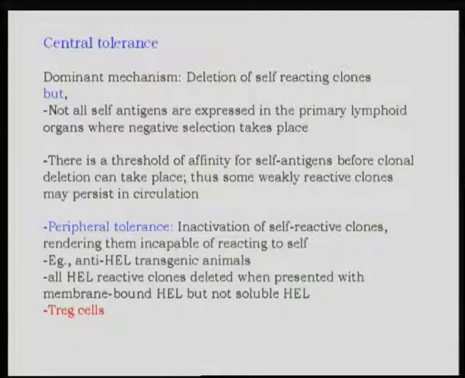large population of self-reactive clones, because this is a transgenic animal, come into circulation. But interestingly, in the circulation, when the transgenic animals were exposed to HEL, it did not induce clonal proliferation of the anti-HEL bearing B cell receptor.